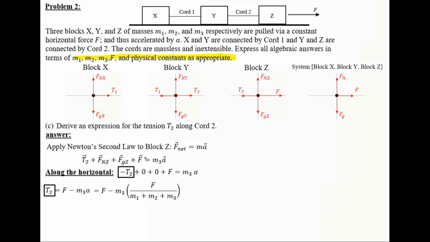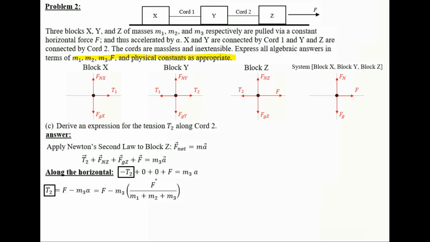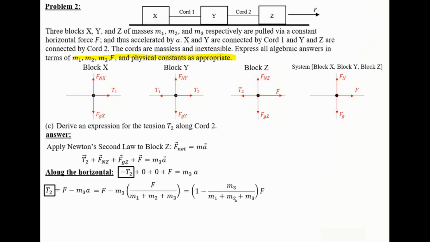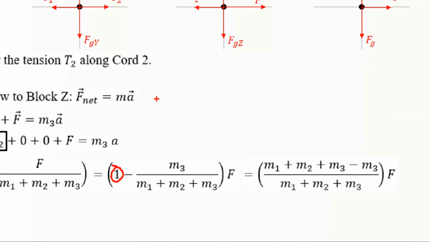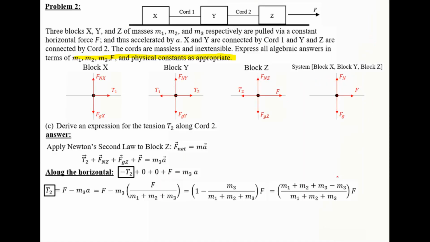That would be F minus m3, and A would be replaced by the previous expression that we have determined, total force over total mass. Now we can factor out F from both expressions. That would be 1 minus m3 over the total mass. Now here we can do the common denominator thing. 1 can be written as m1 plus m2 plus m3 divided by m1 plus m2 plus m3, and in the numerator we have minus m3, so that would be this expression.